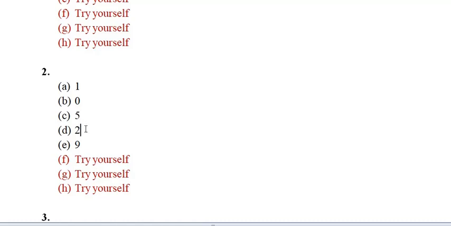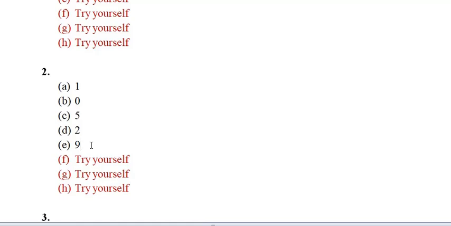The same thing that we did in question number C will be applied in question number E also. The power of x is 2, power of y is 3, and the power of z is 4. So 2 plus 3 will be 5, 5 plus 4 equals 9. So you have to add the powers of the different variables.